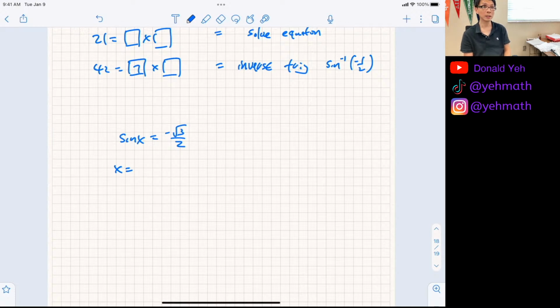And 4/3. Okay. There's some mistake there. Ragraf, you said 300 and 210. Sorry, not 210. Okay, we'll take the radian of that.